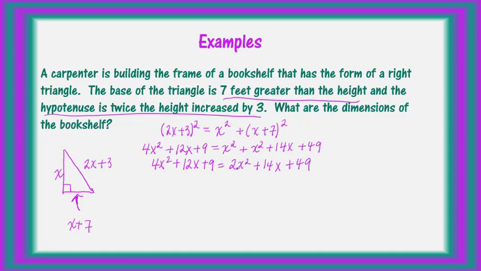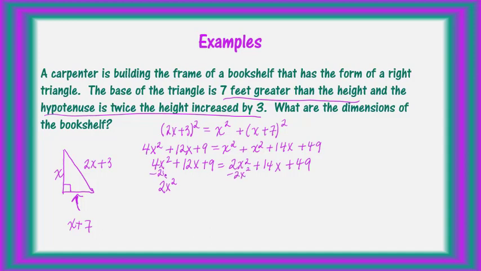Now you notice that we have all of these different terms, and we have x included, and we have an x squared, so that means that ultimately we should be able to get this into quadratic form, or standard quadratic form. So we're going to subtract 2x squared to the left, which gives us 2x squared.